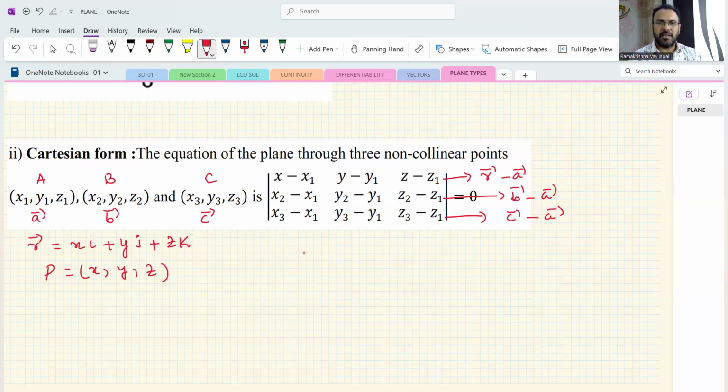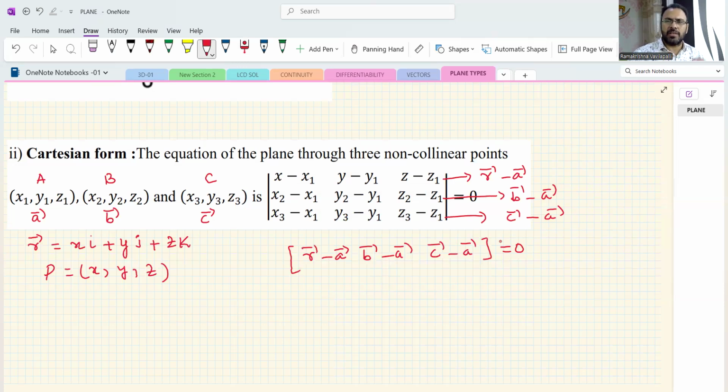As we just had the proof, the box of R bar minus A bar, B bar minus A bar, C bar minus A bar is equal to 0. So I have used this concept to obtain the equation of a plane passing through 3 non-collinear points. It is just an application of vectors, and then we use determinants rigorously.